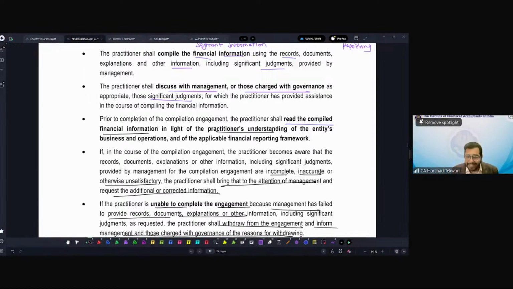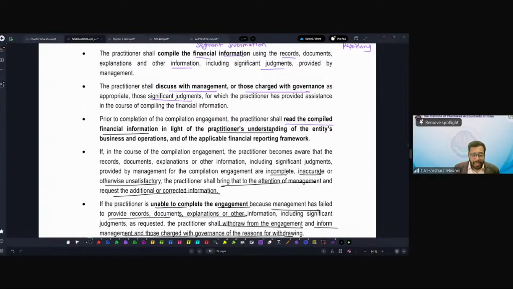Let's say, for example, when you are performing compilation engagements, you identify something is wrong. Or management is asking for a compilation, but the information is not as per the format. Hypothetically, take segment reporting. Management asks you to prepare segment reporting in a particular format, but that is not feasible, or the data you have is not detailed enough.